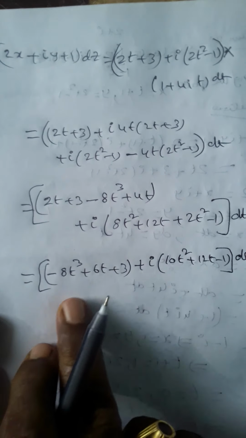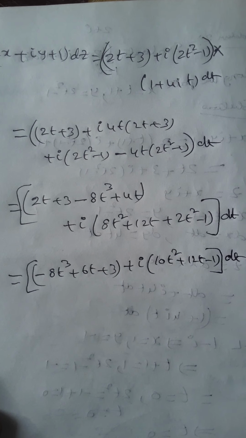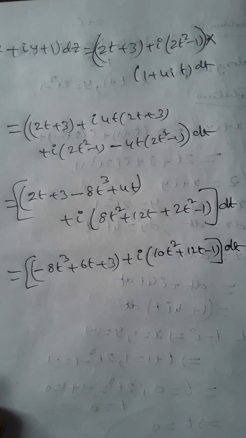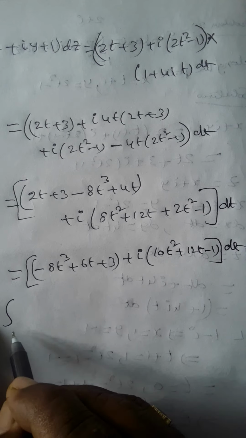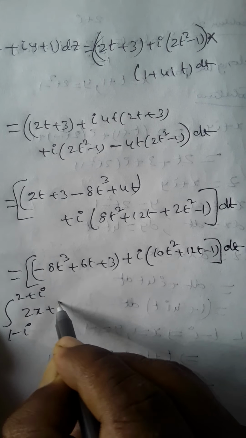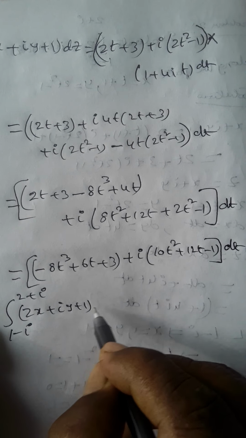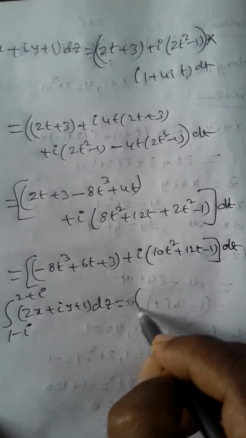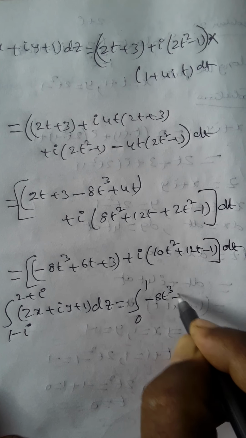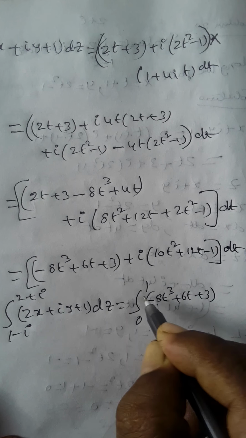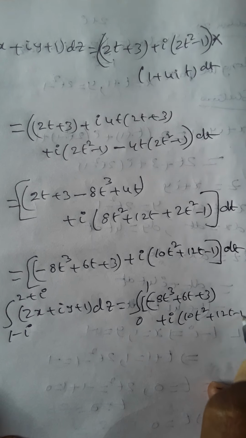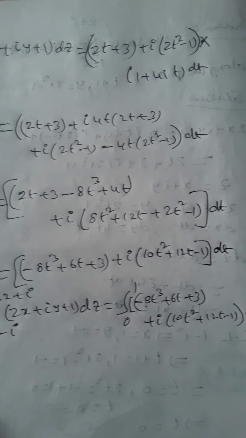Simplifying and writing the real part and imaginary part, the integral from 1 minus i to 2 plus i of (2x plus iy plus 1) dz is equal to the integral from 0 to 1 of (minus 8t³ plus 6t plus 3) plus i into (10t² plus 12t minus 1) dt.